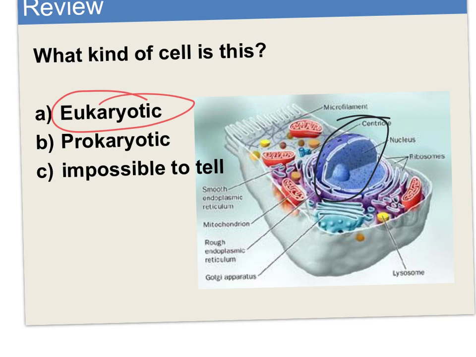Bacteria or archaea do not have a nucleus, nor do they have these things called mitochondria or any of the other stuff. They just have DNA inside of a cell, no nucleus or anything like that. So only a eukaryotic cell has all this other stuff.